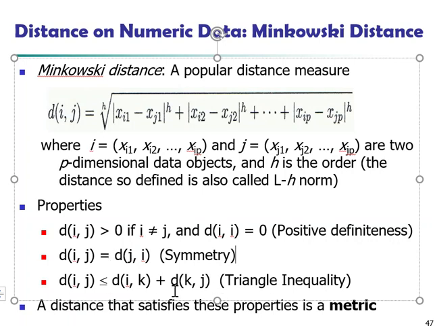Then the triangle inequality. So if you imagine i, j, k, 3 dots here, anything, the distance between those two is always going to be greater than the direct distance between these two. I'm drawing an invisible triangle here. So that's triangle inequality.